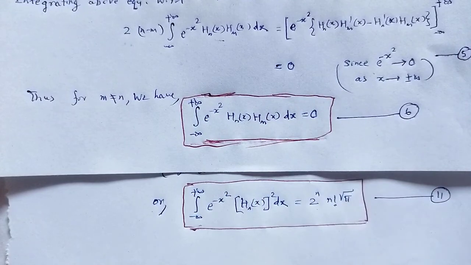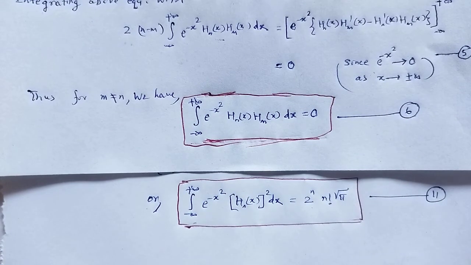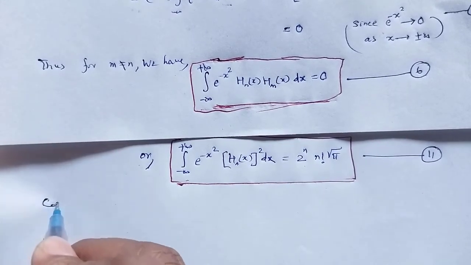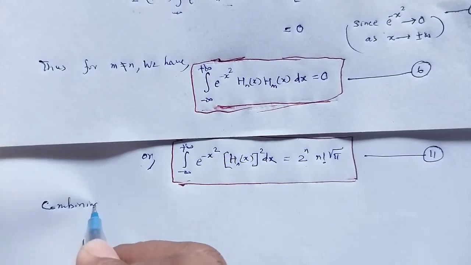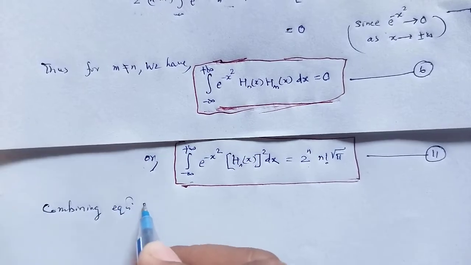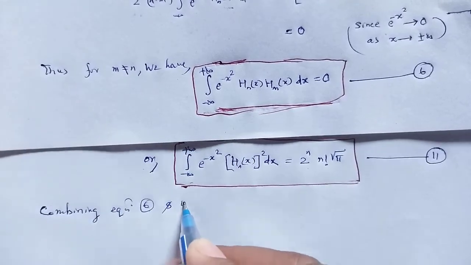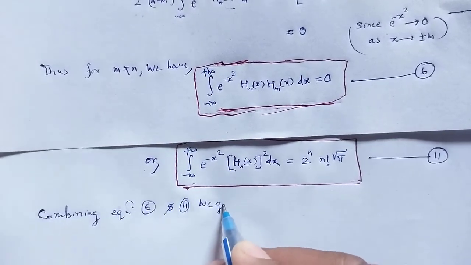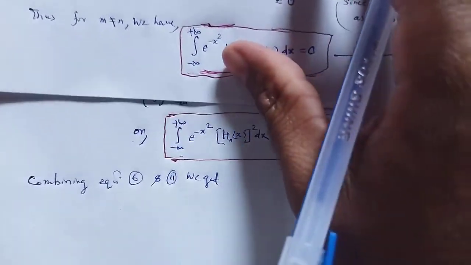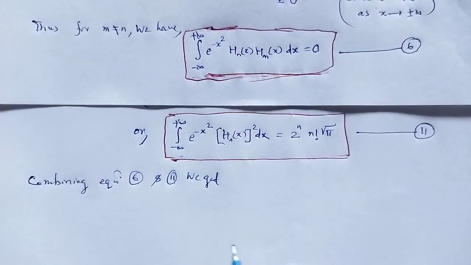Now combining these two equations, equation 6 and 11, we use the Kronecker delta notation here.